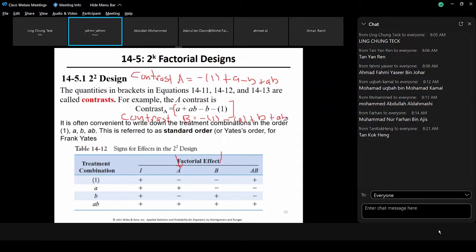To get the interaction effect of AB, this is from the standard order design, guys.